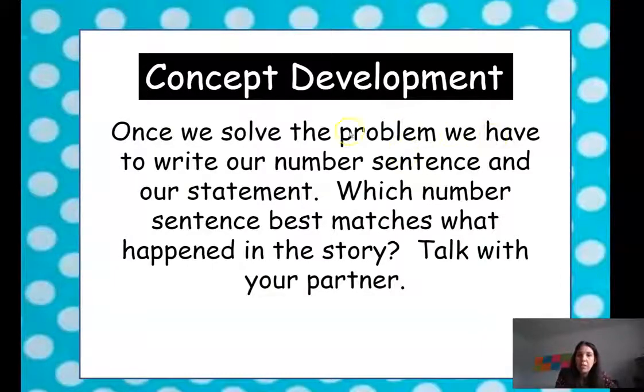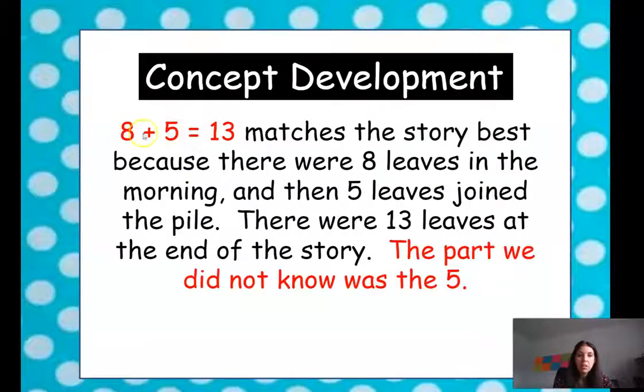Once we solve the problem, we have to write our number sentence and our statement. Which number sentence best matches what happens in the story? This is our number sentence that matches best. 8 plus 5 equals 13 because it shows that there were 8 leaves in the morning and then 5 leaves joined the pile.